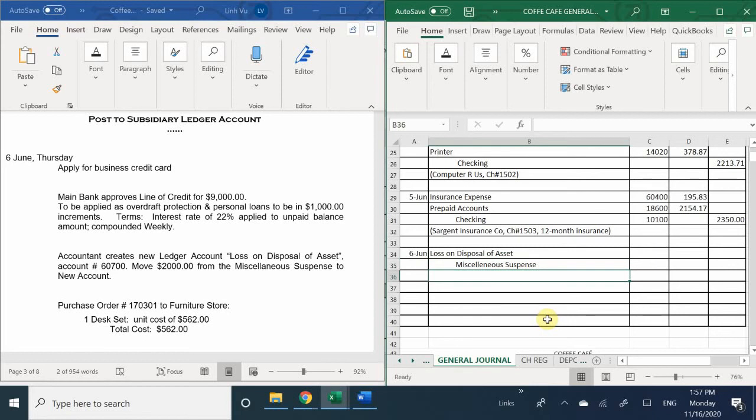And we know the new account is 6,700. What is my miscellaneous suspense account number?